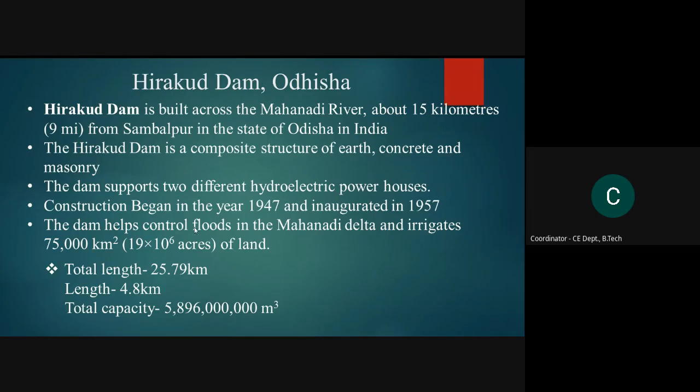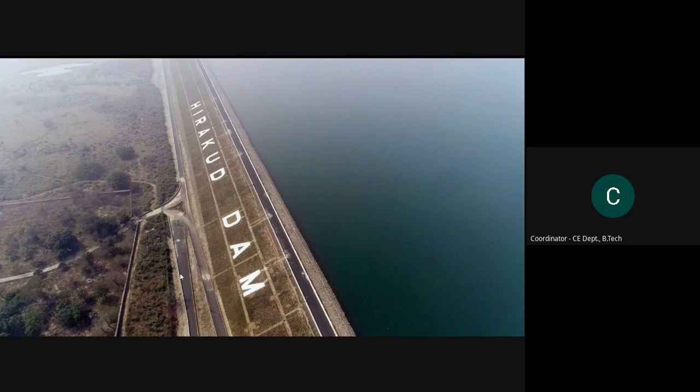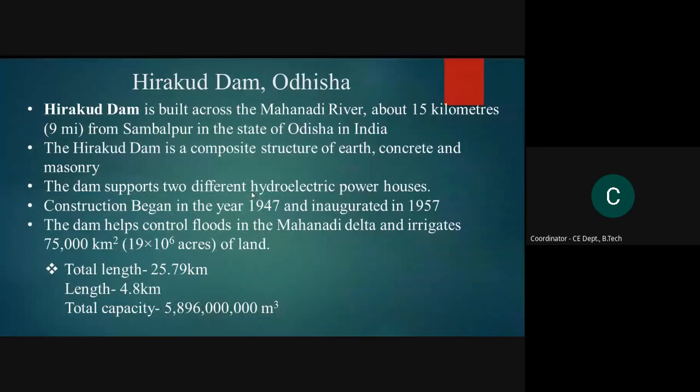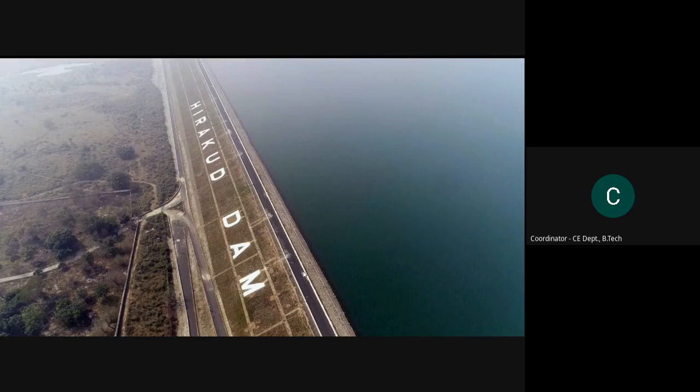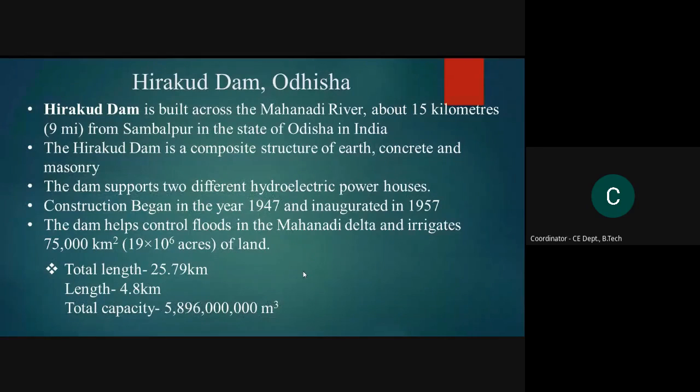The dam helps control floods in the Mahanadi Delta and irrigates 75,000 square kilometers of land. The total length is 25.79 kilometers. So the total length is almost 25.79 kilometers, about the distance to be covered from Kolkata to a far-off place.